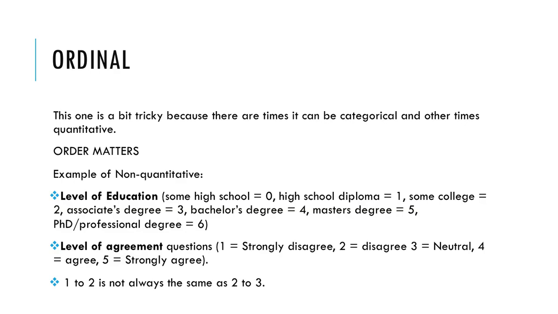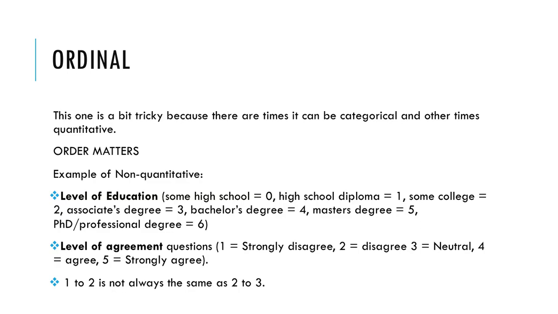However, the way it's used in research is as an interval variable. So it gets a little messy. The thing I just want you to remember is that ordinal means order and rank. So you can tell there's a specific order these variables need to be put in.